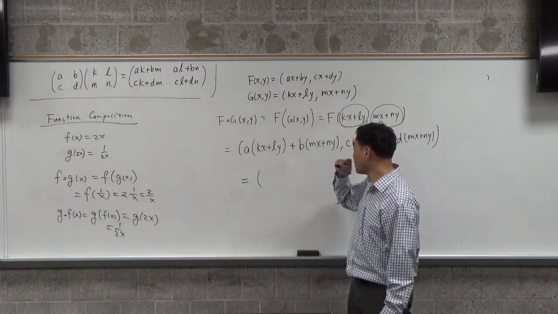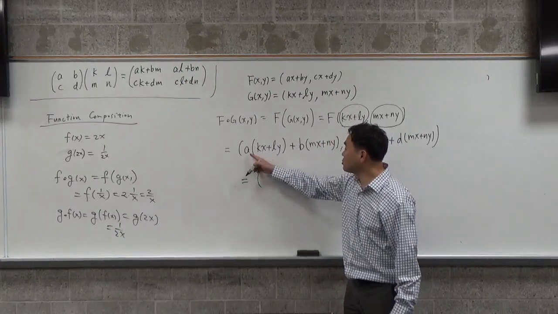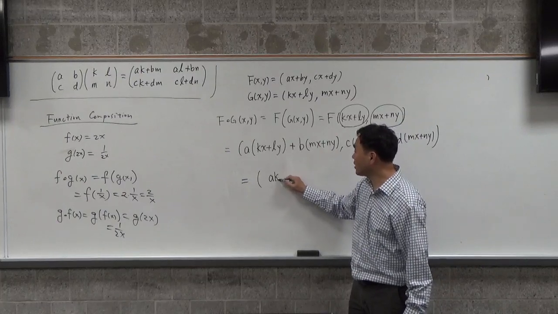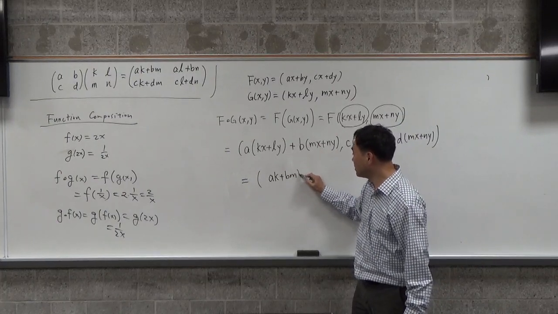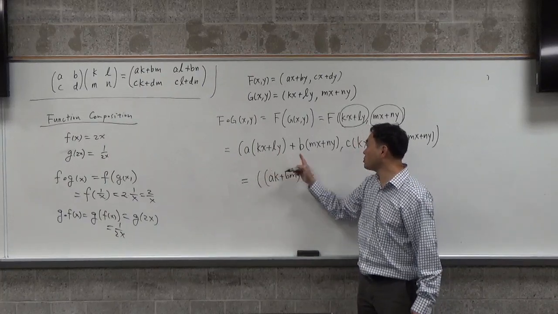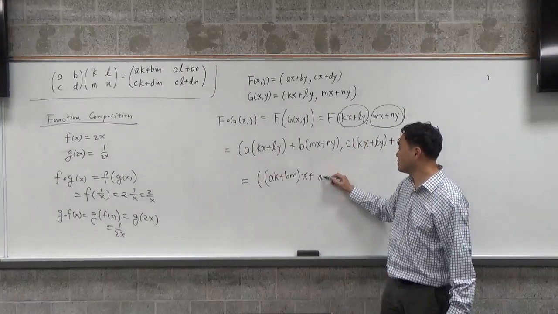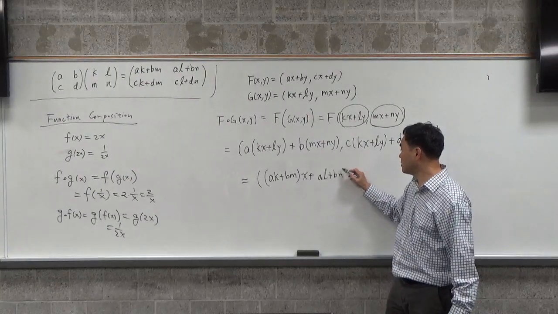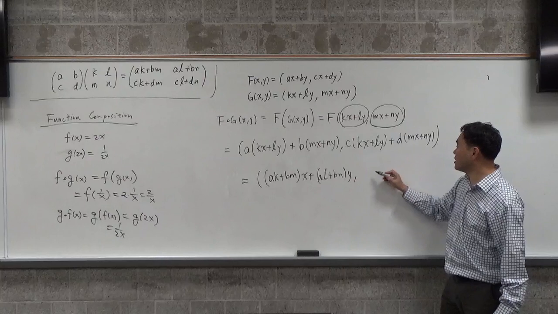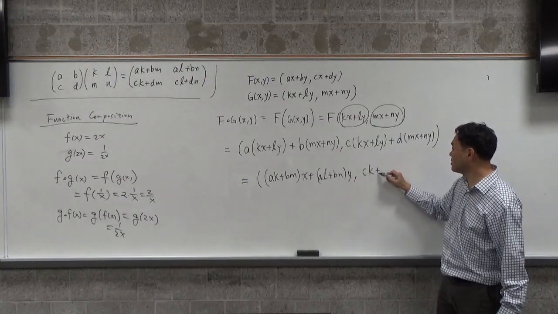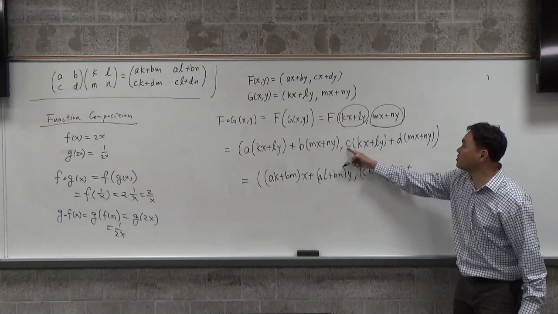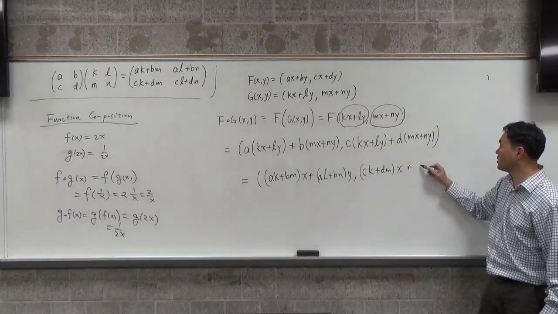Now let's carry on here. This will be ak plus bm x. Is that right? ak plus bm x. That will be al plus bn y. Then you have ck plus dm x. Then cl plus dn y.